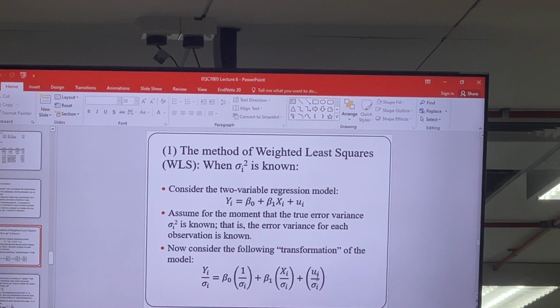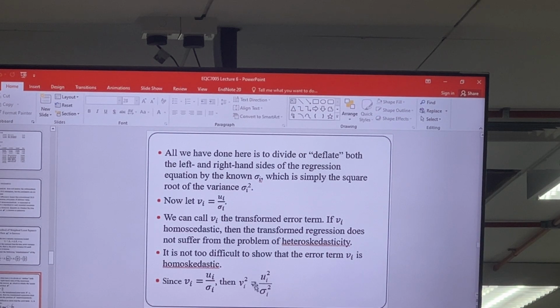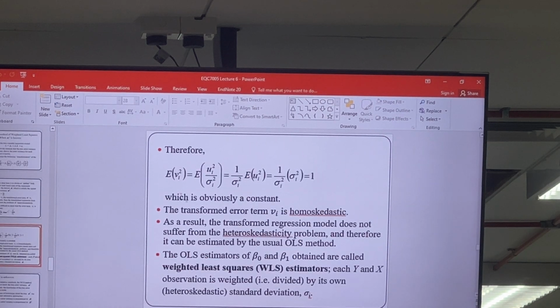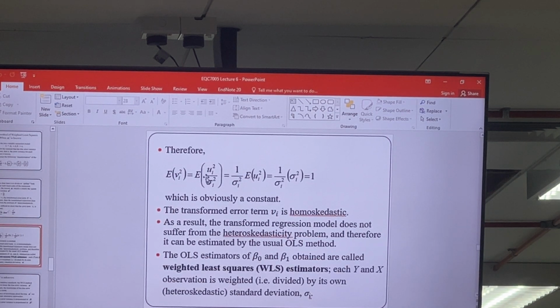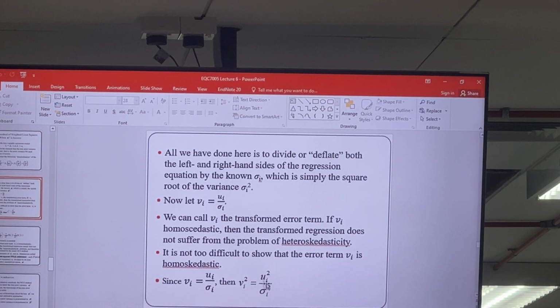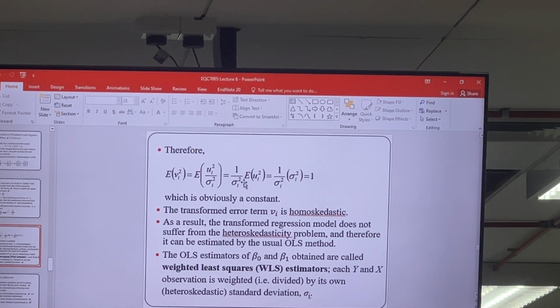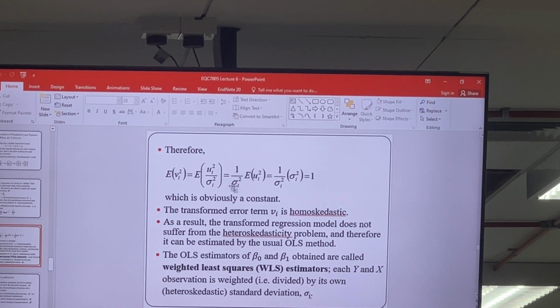Given that v i equals u i over sigma i, the square of v i equals u i squared over sigma i squared, and therefore the expected value of the new error term squared is this one. Sigma i squared we can take outside.